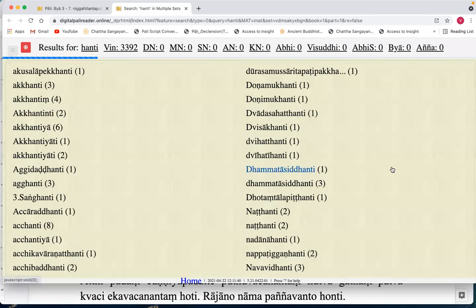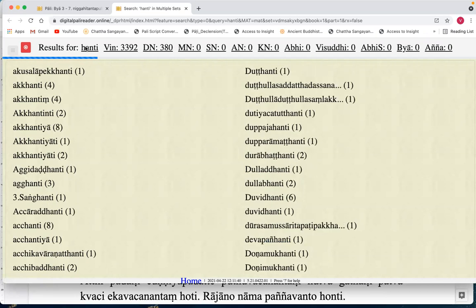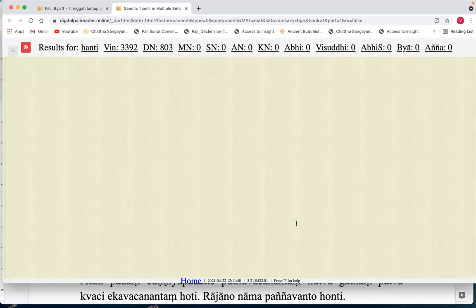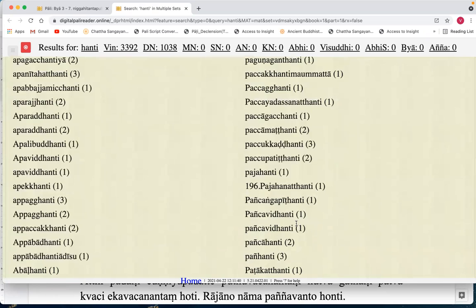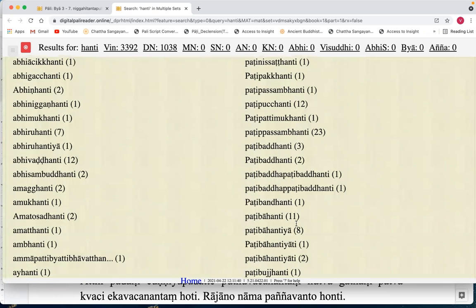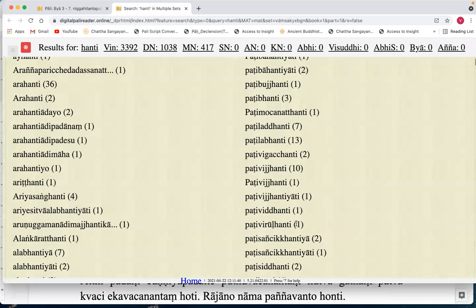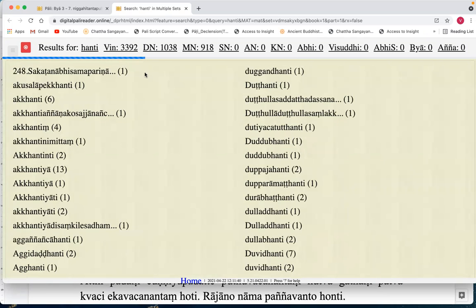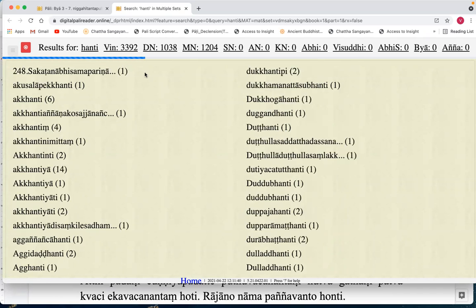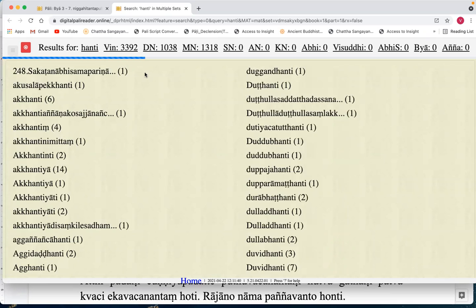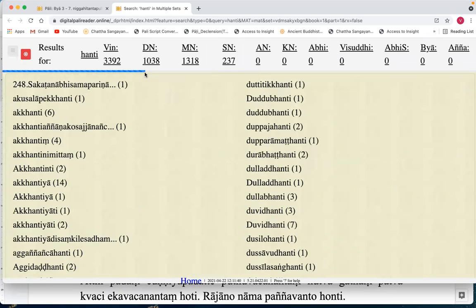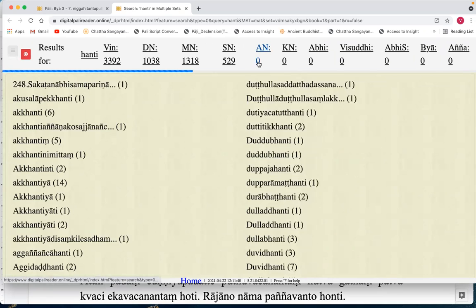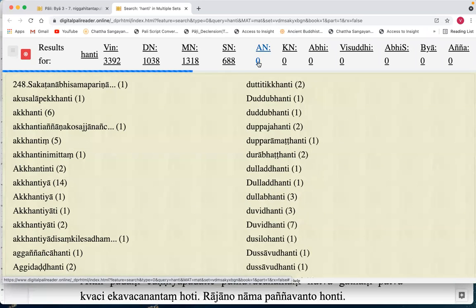Oh, many. In Pāḷinayādisaṅgaha, volume 2.